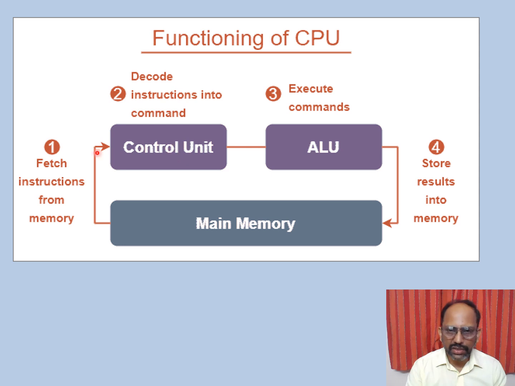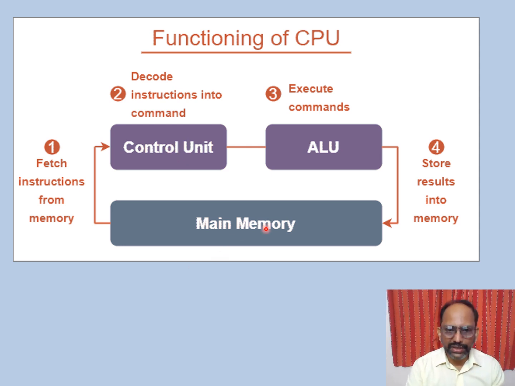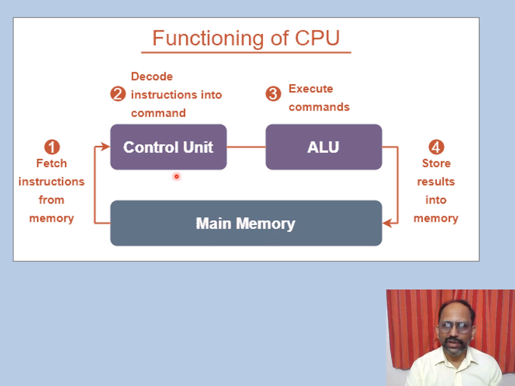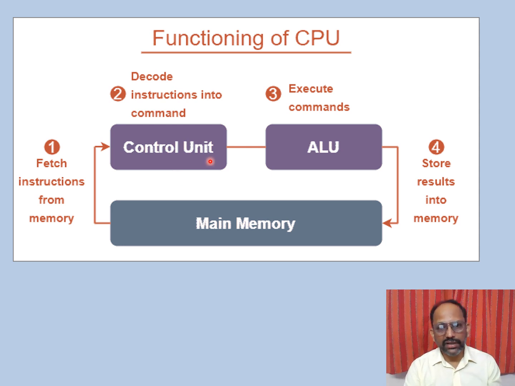Now, the control unit will fetch that information from the memory, understand what kind of instruction is that, and it will give command to arithmetic logic unit ALU, which is the calculating unit.